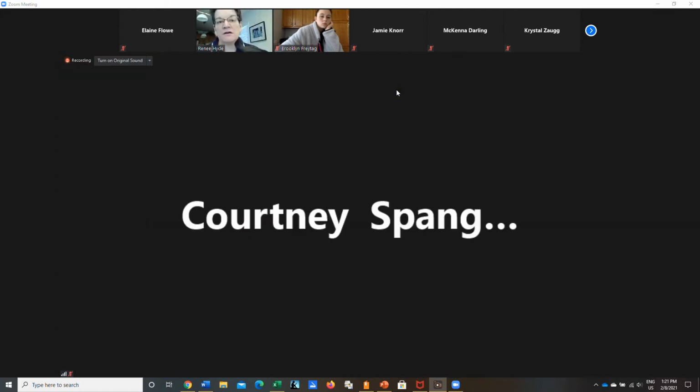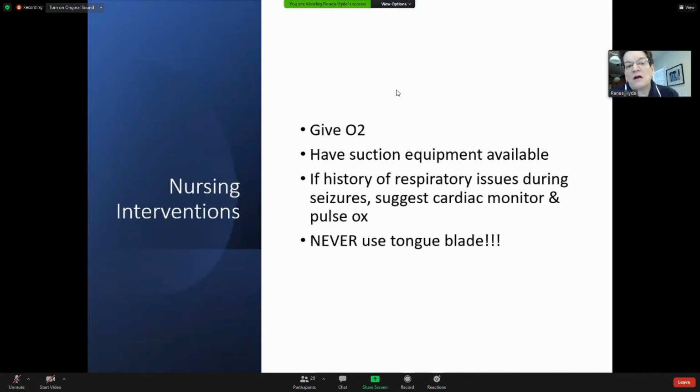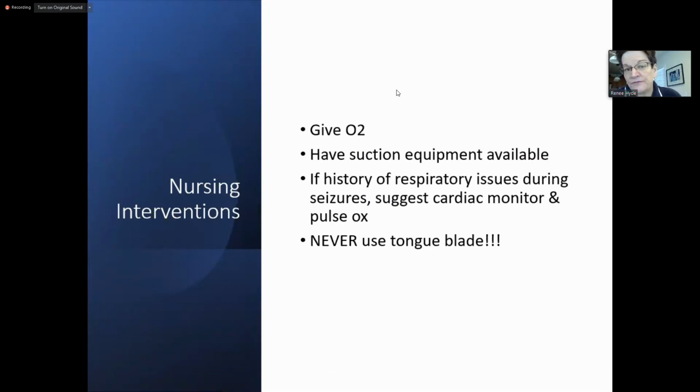So let me go back. Other interventions: oxygen. Okay, have that suction equipment available. One of the things that I would tell you guys is this: if I have a patient that has a risk for seizures or has a history of seizures, I will go ahead and set up my room to have that suction equipment already set up.